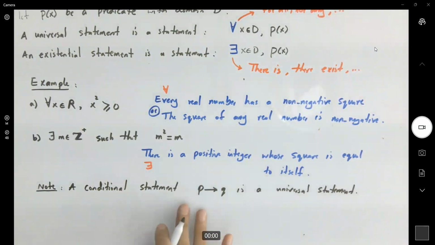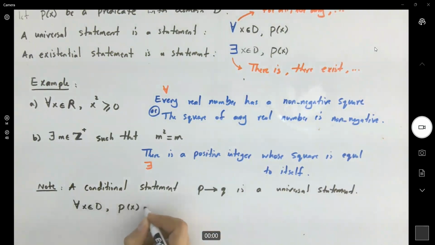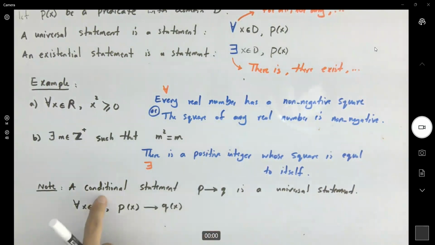So if you have P then Q in the world of predicates, you can write it this way: for any x in the given domain, P(x) implies Q(x). Any conditional statement can be written as a universal statement. So the quantifier that you're going to use is the universal quantifier.